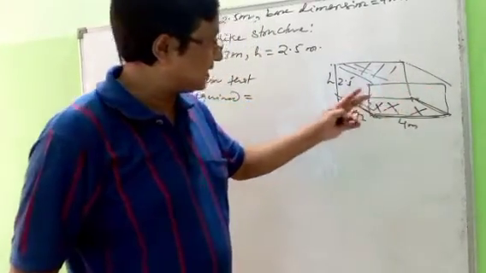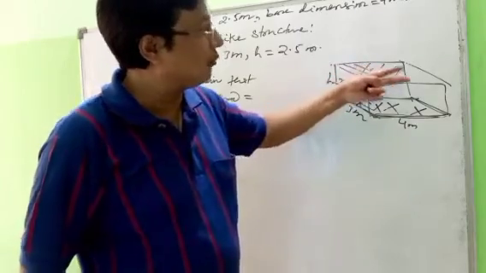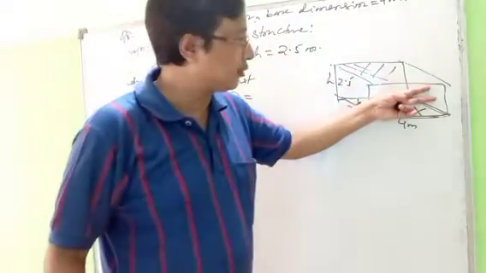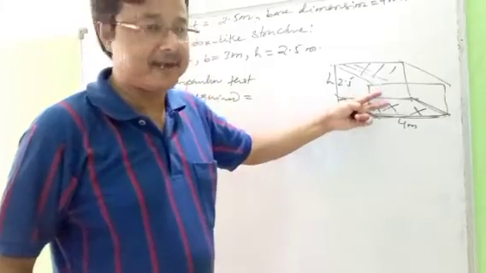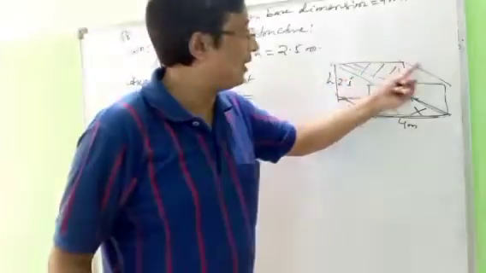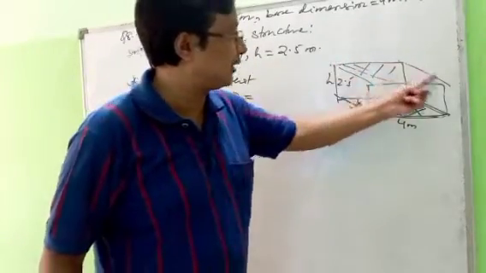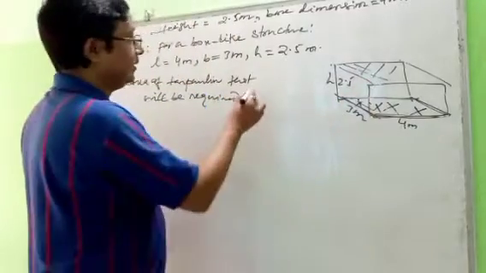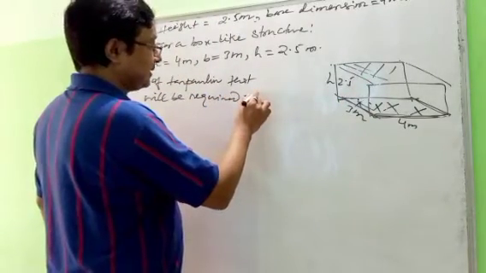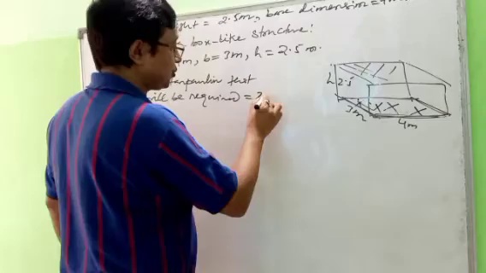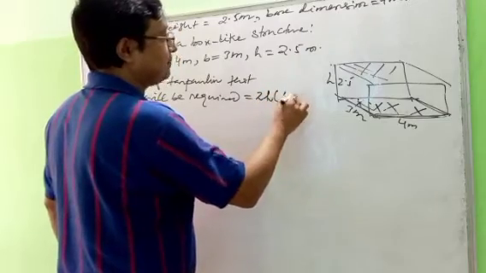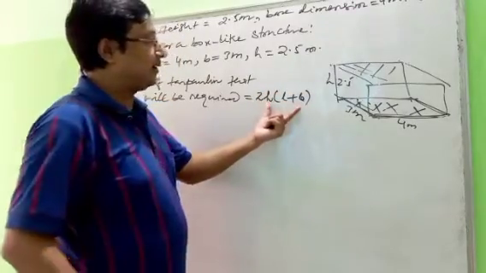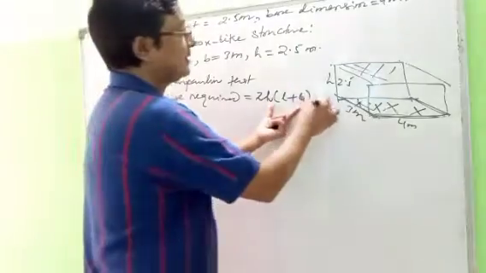So we can say that the area of the 4 walls, which is called the lateral surface area, plus the area of the ceiling. So lateral surface area is twice into height into L plus B. This is the area of the 4 walls plus the ceiling.